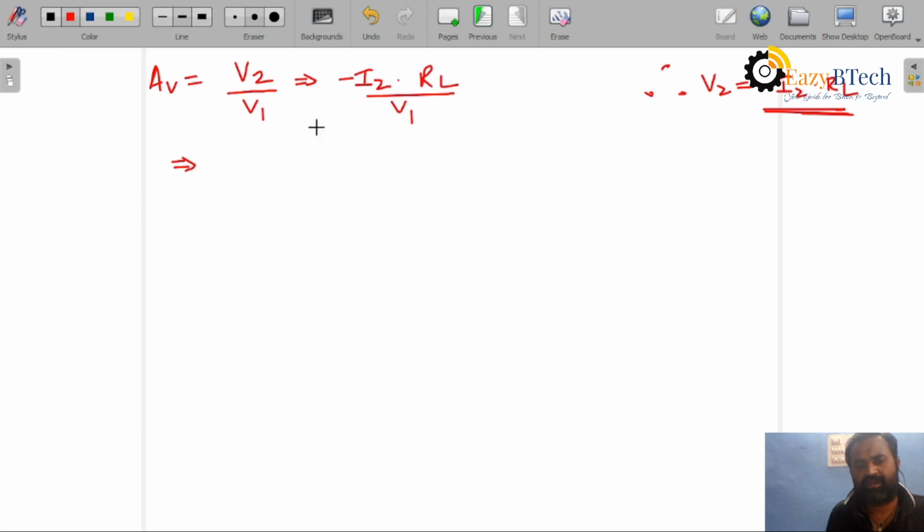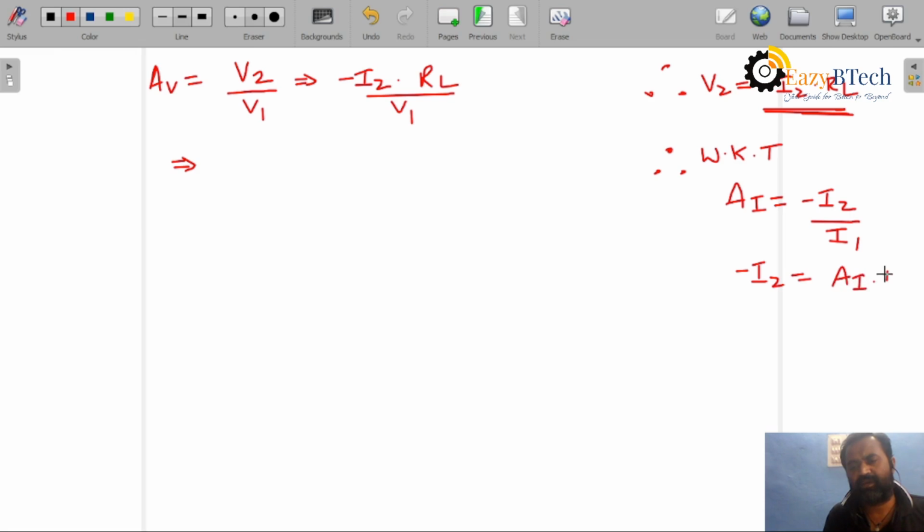Since the current gain AI = minus I2 by I1, we write minus I2 as AI into I1.